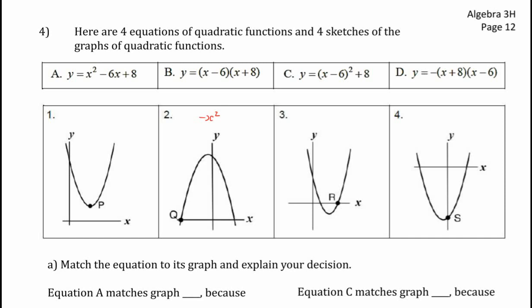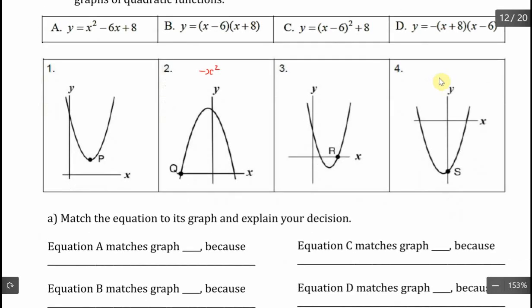It wouldn't have to be -1x squared, there might be a number there as well, but it will definitely be a negative in the x squared term. This one's positive, as we can see. This one would expand out to give us a positive. We'll come back to do that later if we need to. This one will also give us a positive x squared. Now this one, as we times those together, it will give us x squared, but the final thing is that we make everything negative, so this is the only one that's going to give us that upside down parabola.